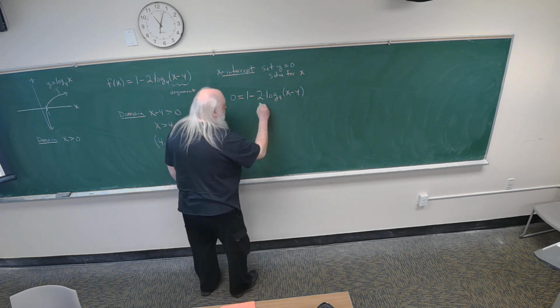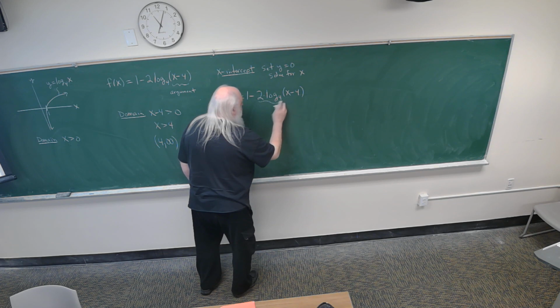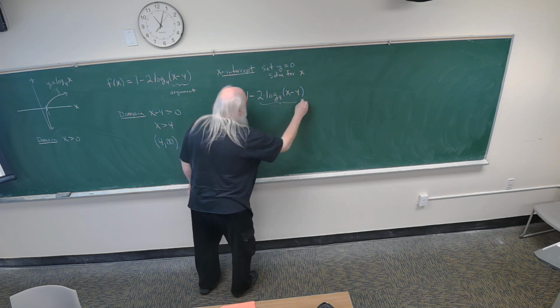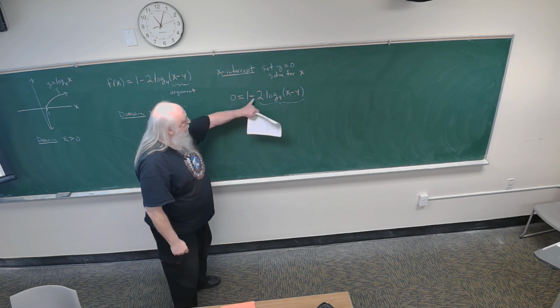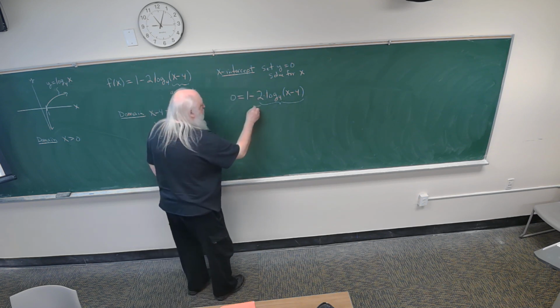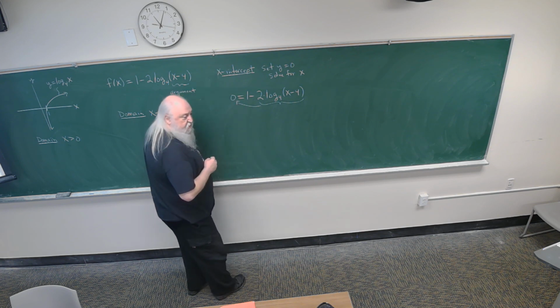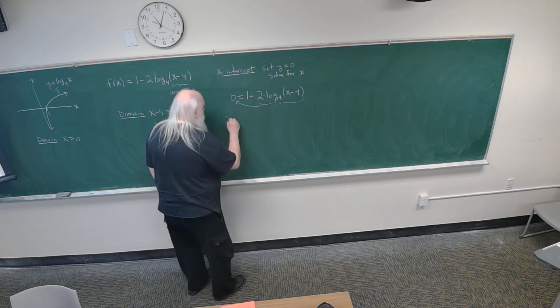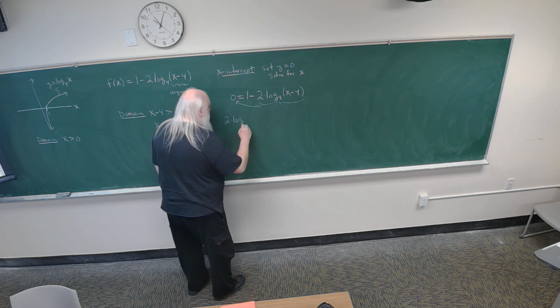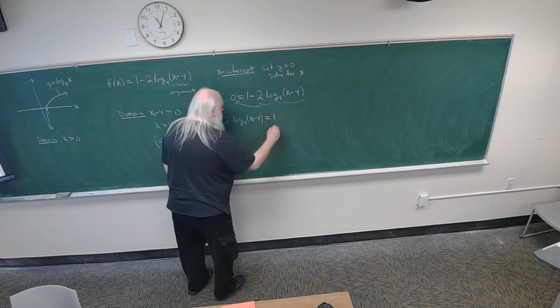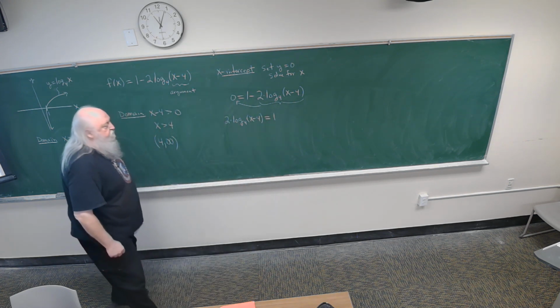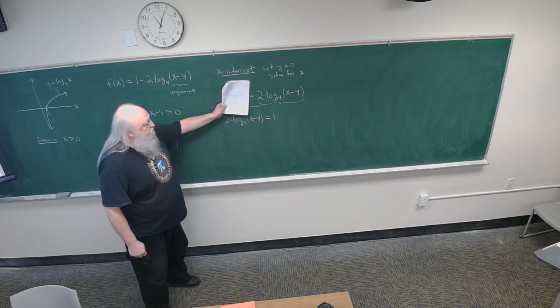This product here, minus 2 times log base 4 of x minus 4, I can move to the left-hand side by addition. And I have 2 times log base 4 of x minus 4 is equal to 1. All I did was move minus 2 times the log of x minus 4 by addition.